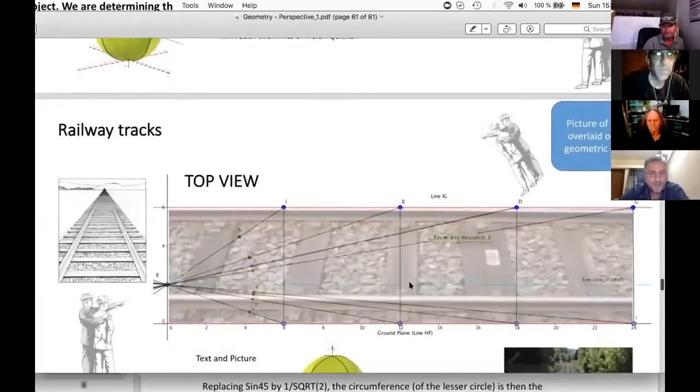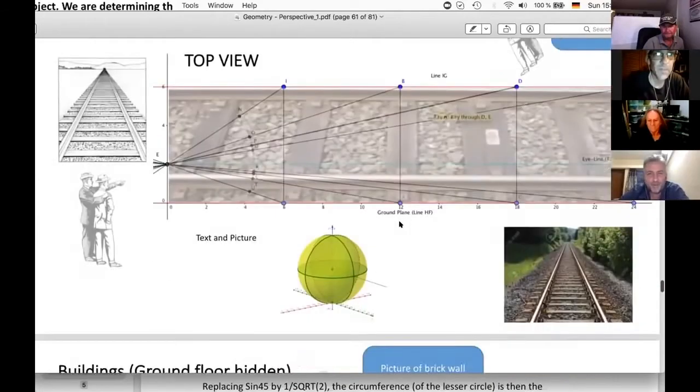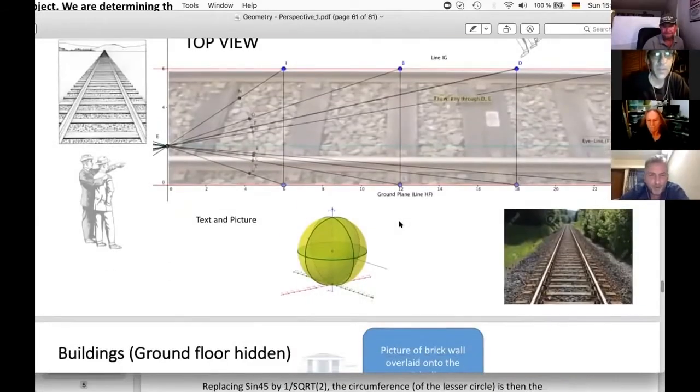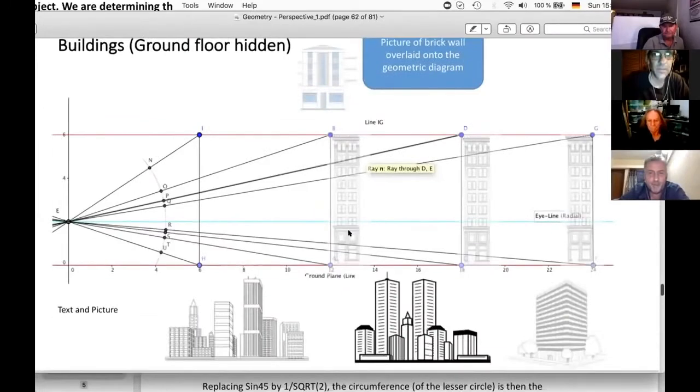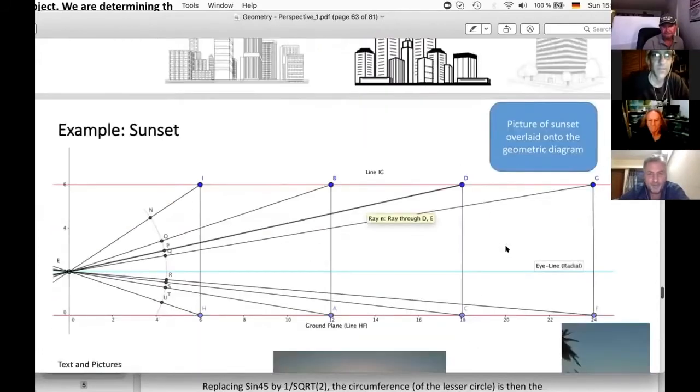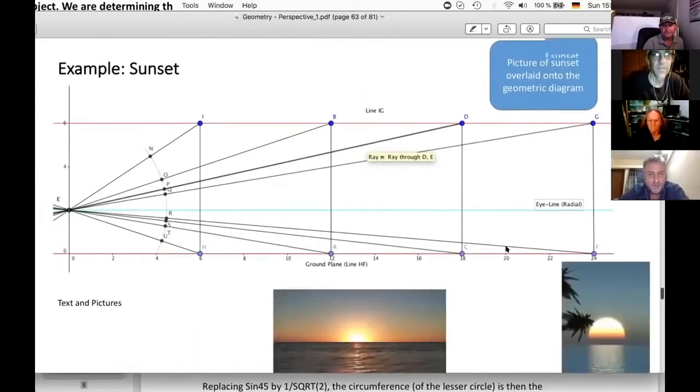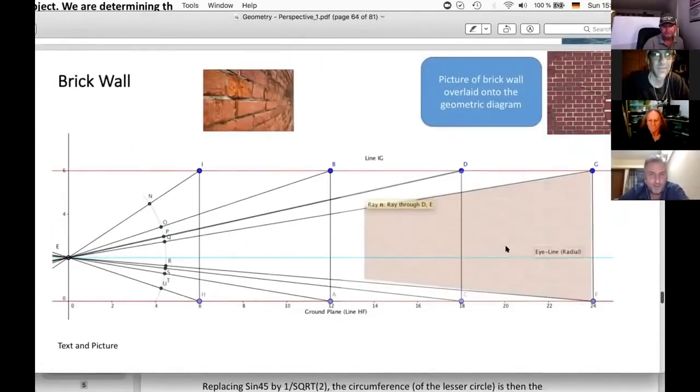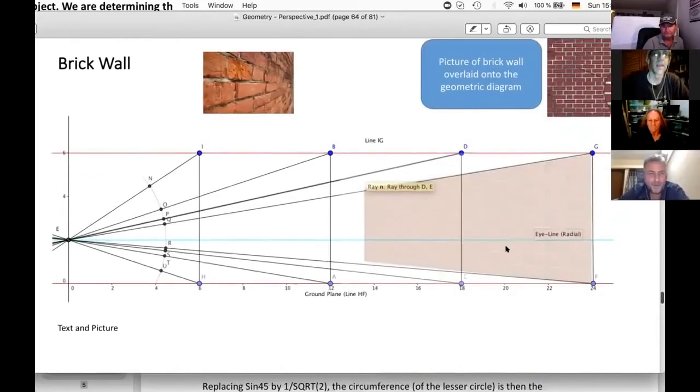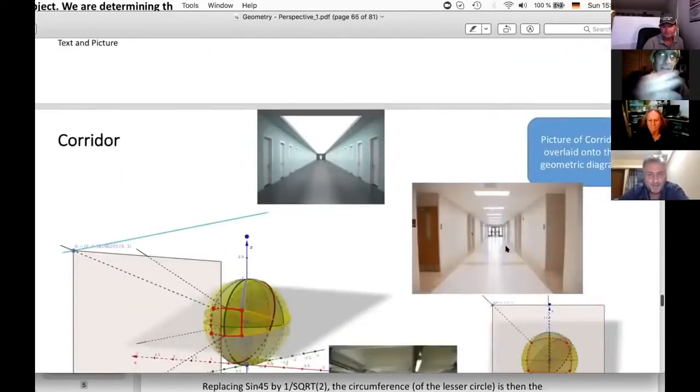It can be the same thing as a railway, what I just talked about, yeah? Yep. It's the same reason buildings disappear from the bottom up, same principle. Or the sunset, yeah? Or a brick wall, if you look at a brick wall, or a corridor.